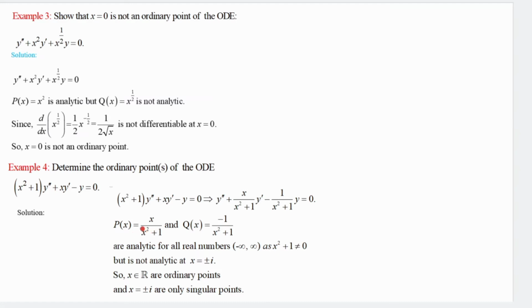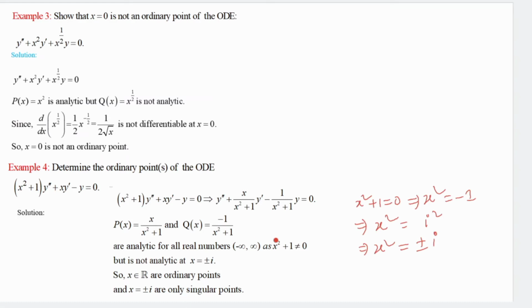When we consider x squared plus 1 equal to 0, the function is undefined.